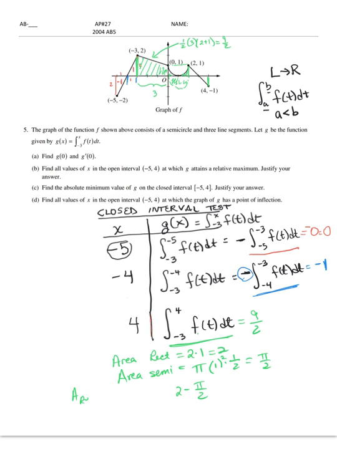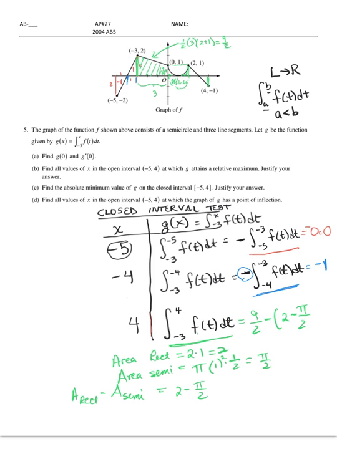Area of the rectangle minus area of the semicircle would give you the area under the semicircle, because the semicircle itself is not included in the area. So we have to subtract 2 minus pi over 2.